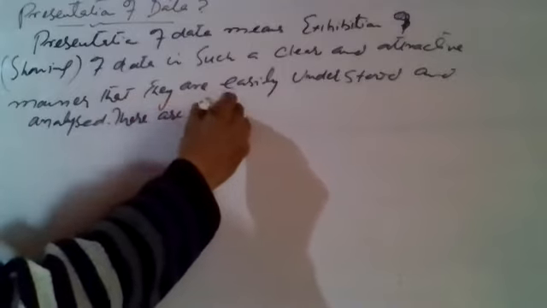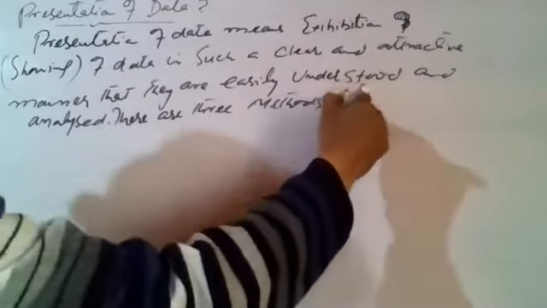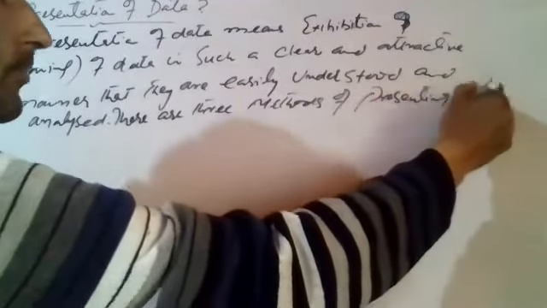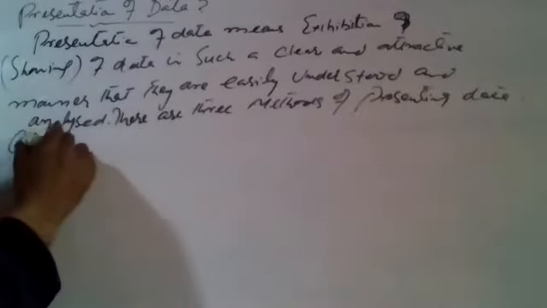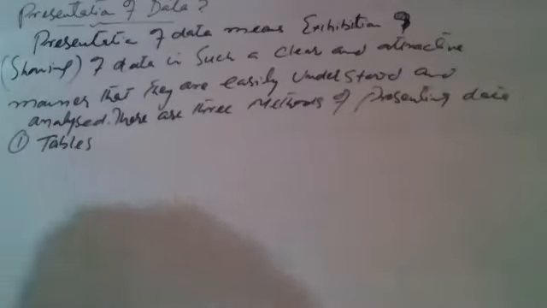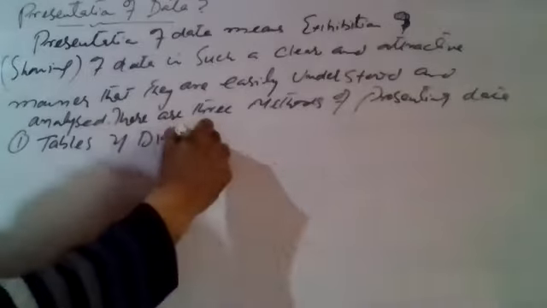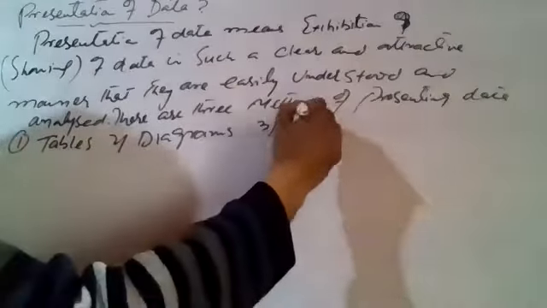There are three methods of presenting data. First is tables or tabulation of data. Second is diagrams. Third is graphs.